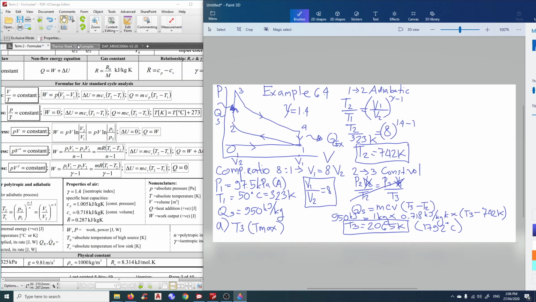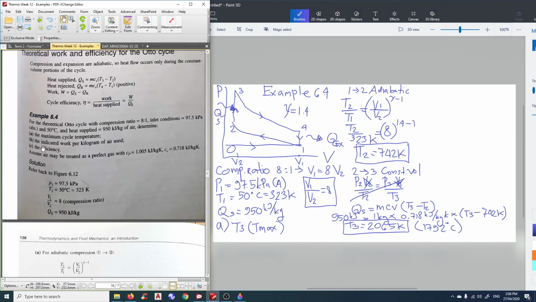Let's have a look at the next question. Question B: the indicated work per kilogram of air used. So question B is asking about work. Work here occurs when the piston goes up and when the piston goes down.